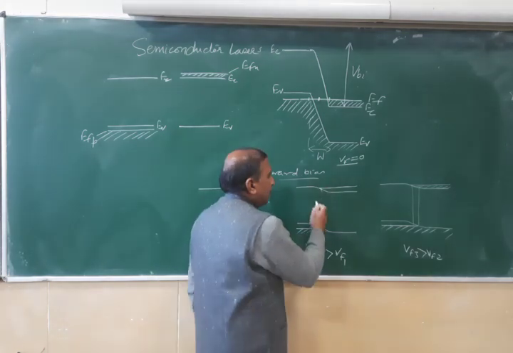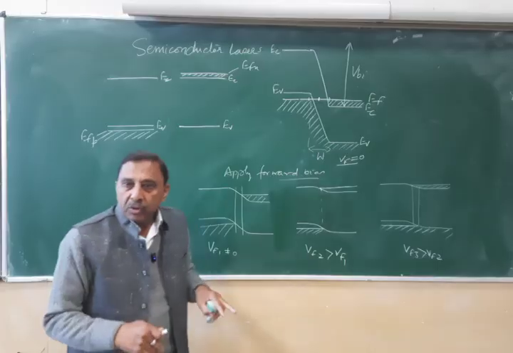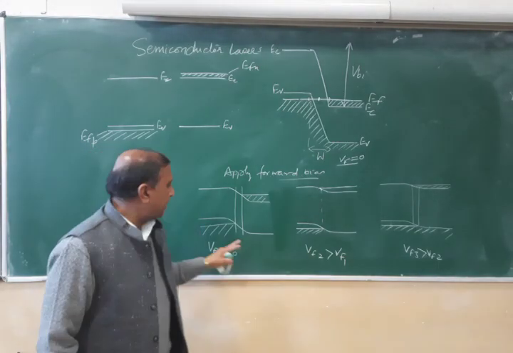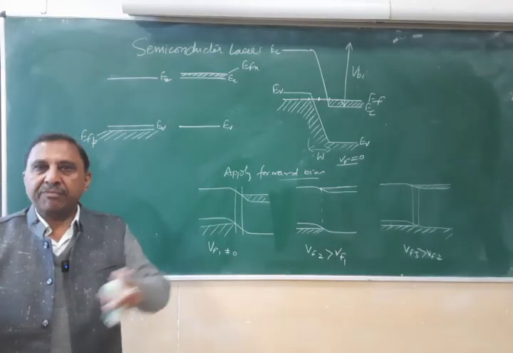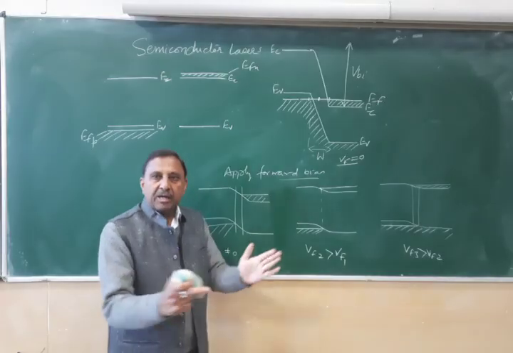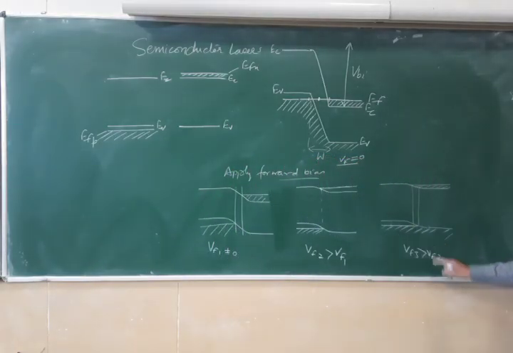Just at the junction, on one side you have enough electrons, on the other side enough holes. But before this, they were far away from the junction, they were separated. When you apply forward bias, the regions approach, and a situation will come that they start overlapping. When you apply higher forward bias, the regions start overlapping.